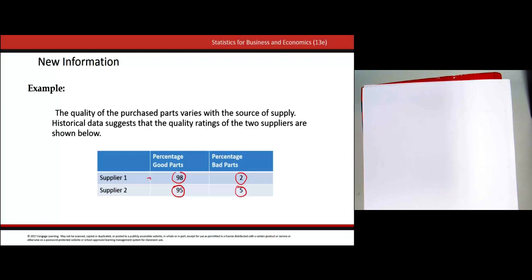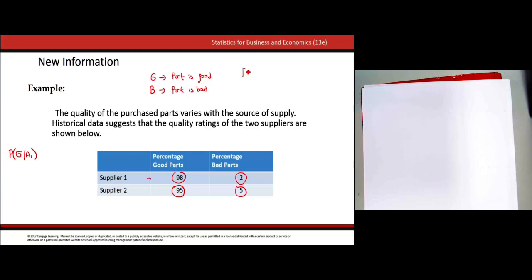How can we write those probabilities? The probability that a part is good given it comes from supplier 1. So we can define two more events, say G, the randomly selected part is good, and B, the randomly selected part is bad.